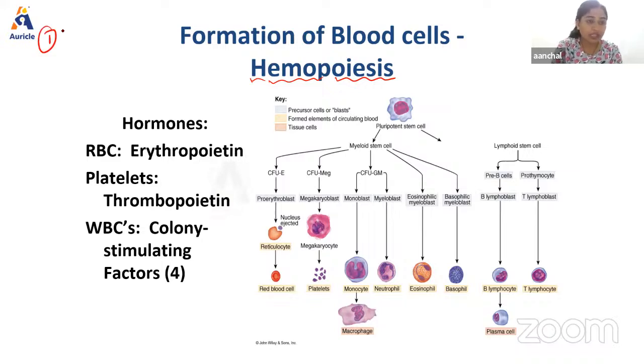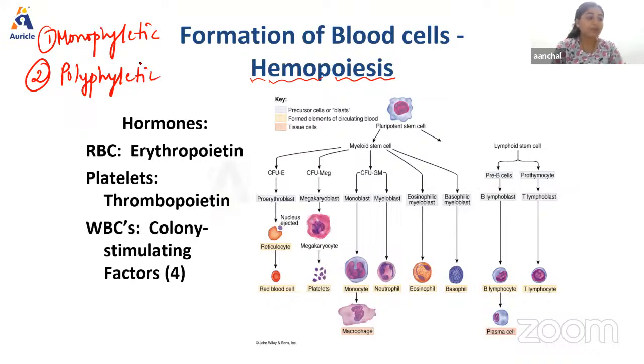The first theory is the monophyletic theory, and the second theory is the polyphyletic theory. Okay, both theories are different, and they state different concepts.